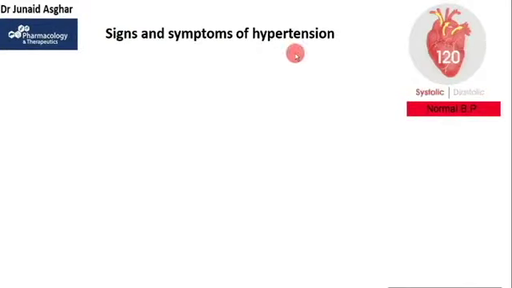Signs and symptoms of hypertension. High blood pressure, or hypertension, is often regarded as a symptomless silent killer. So if you ignore it because you think certain signs will alert you to the problem, you are taking a dangerous chance with your life.